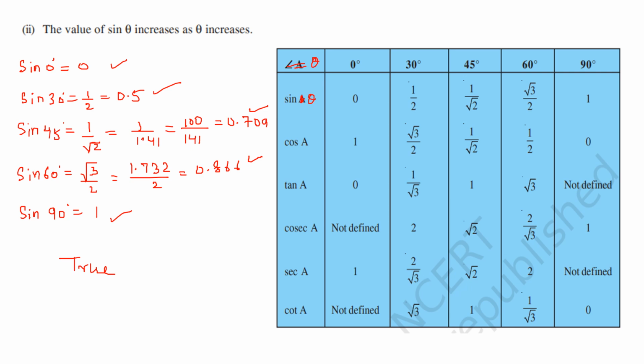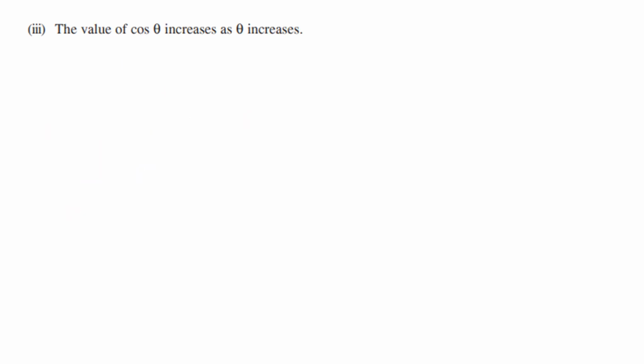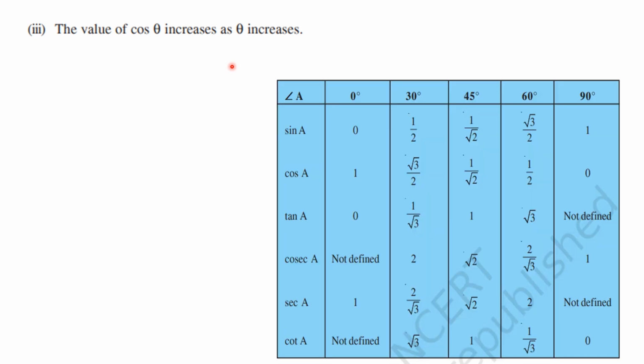Now let's move to the third question. The third is the value of cos theta increases as theta increases. Again I have to take this chart, and in place of angle A here it is theta, and this time I have to see for cos theta. So let me find out the values. Cos 0 degree is 1. Cos 30 degree is root 3 by 2.